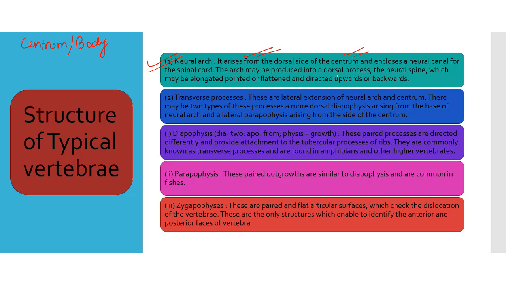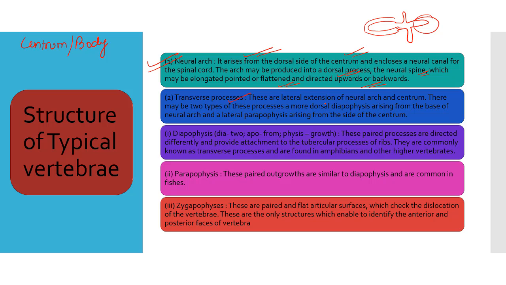The arch may be produced into a dorsal process at the back, the neural spine, which may be elongated, pointed, or flattened, and directed upwards or backwards. Suppose this is the vertebra. This process is the neural arch.